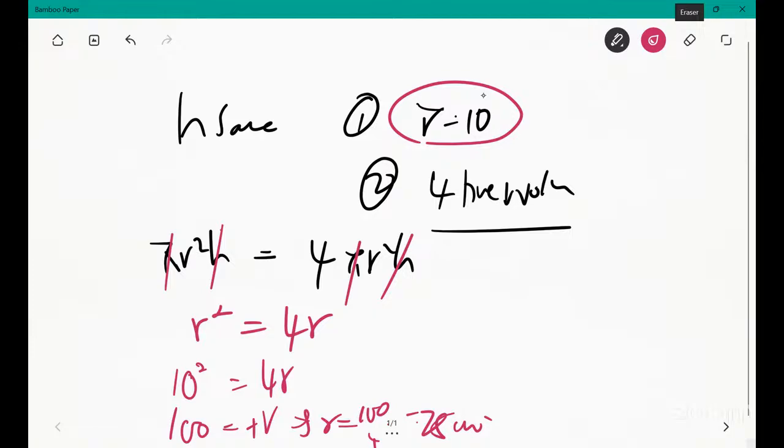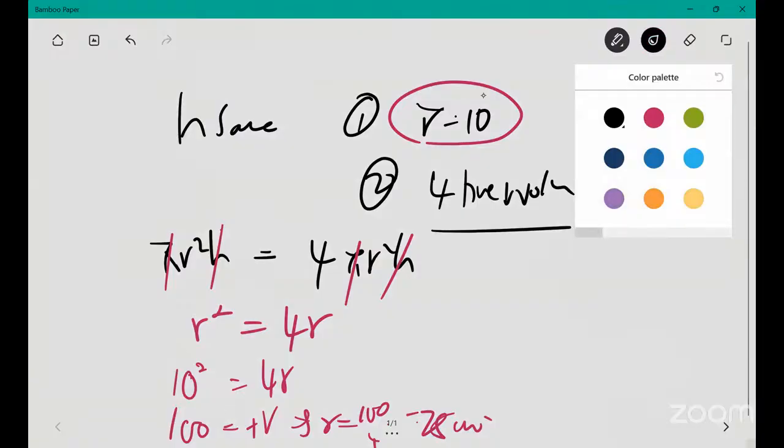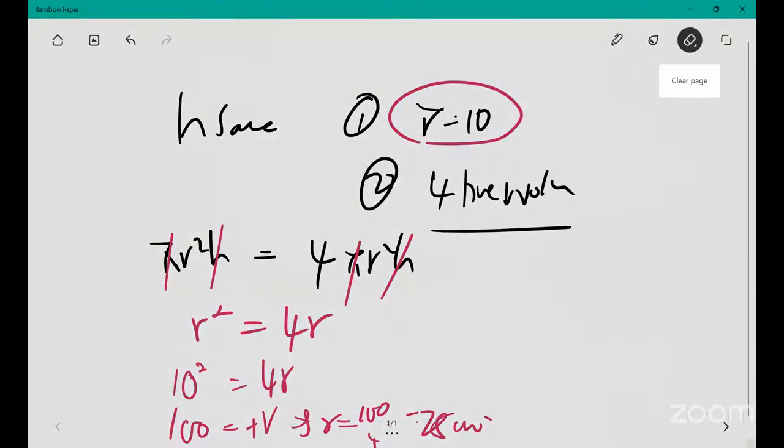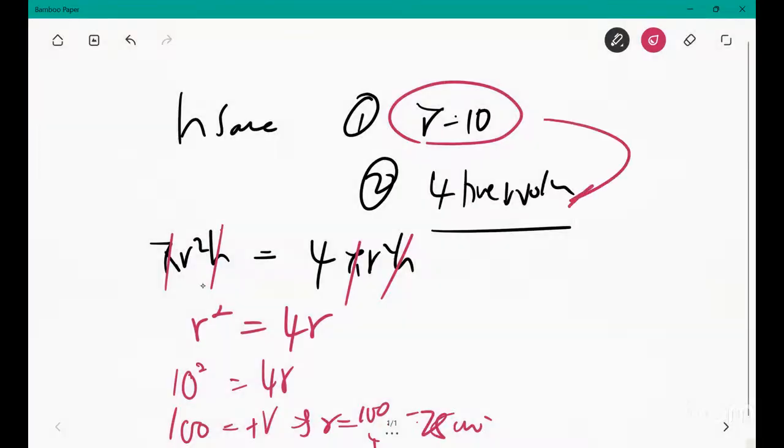Oh, the r should go in the same place. Sorry about that. Two cylinders have equal heights. One has radius 10 centimeters, another has 4 times its volume. Okay, I made a mistake there. It says 4 times its volume.